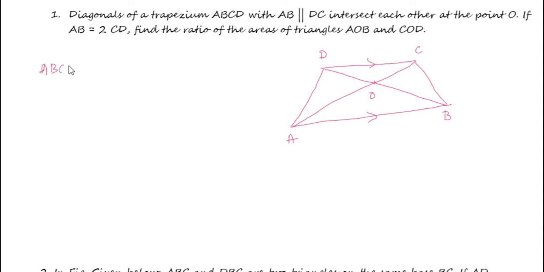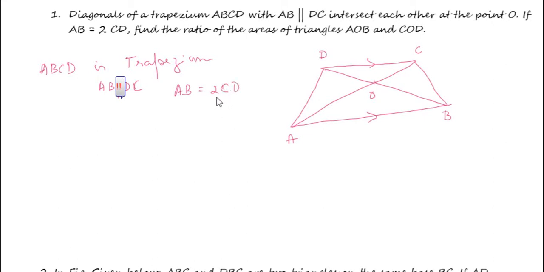ABCD is a trapezium. In that AB is parallel to DC and the diagonals intersect at point O, and AB equals 2 CD.